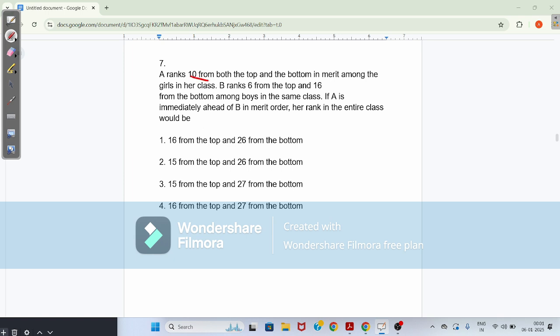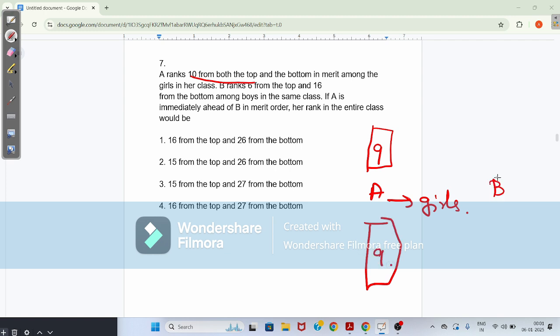A's rank is 10 from the top, so there are 9 members above A, and A is in the bottom of the merit among the girls, so this is a girl, and there are also 9 members at the bottom. Okay, B's rank is 6 from the top, so 5 members are above B, and 16 from the bottom means 15 members are below B. So this is the boy.